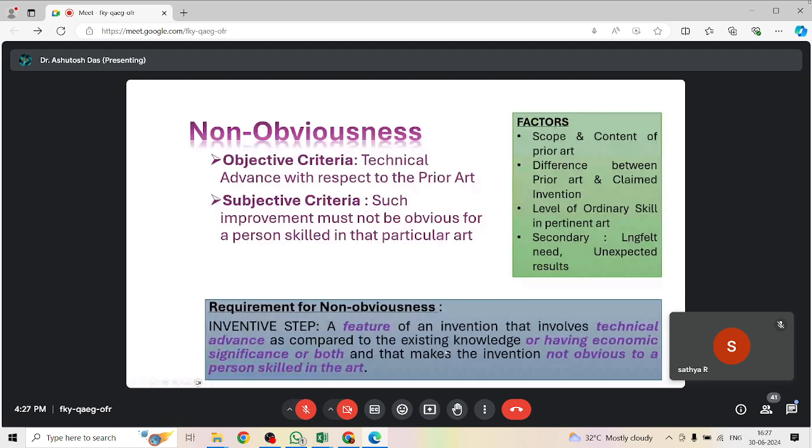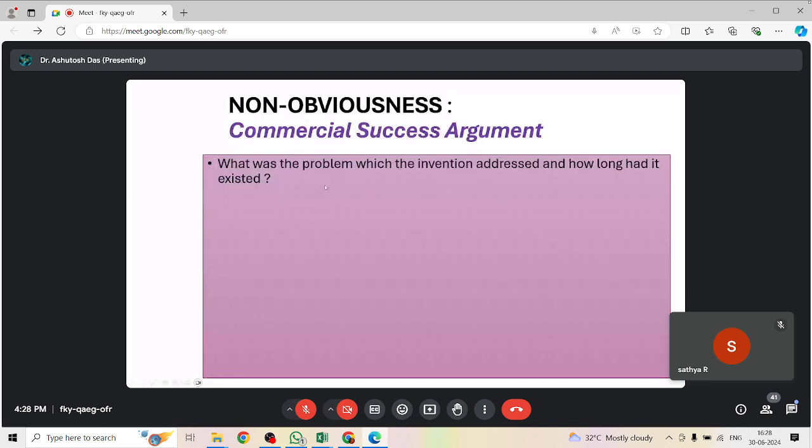These are some techniques to use in writing, even for something obvious. Still, these are some grounds on which they may reconsider. One of the grounds is what the problem addressed by the invention was and how long it existed. So the problem was already there, but no one solved it. For example, in a car they use wipers to clear the glass when rain comes.